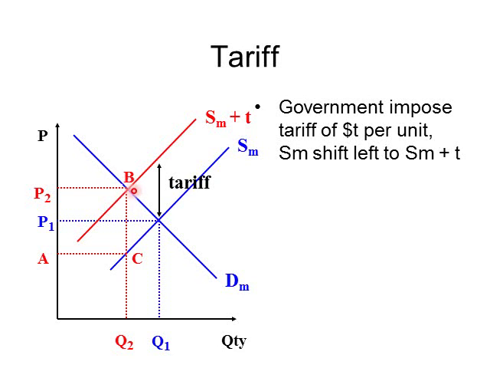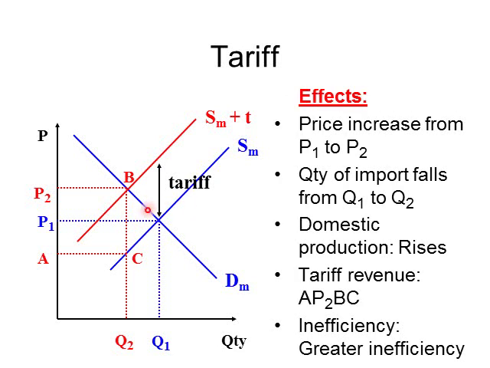At B, the new equilibrium point, the vertical distance between the new and the old supply curve is the amount of the tariff per unit. This is the amount that's being taxed by the government. This causes the price of the product to rise from P1 to P2 and the equilibrium quantity in the market to fall from Q1 to Q2.